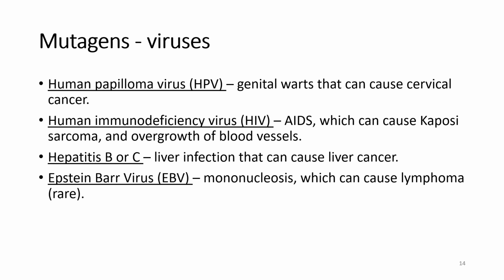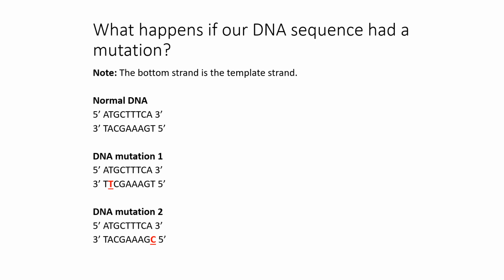But our main concern with the upcoming quiz is on the types of mutations and the consequences they can have for protein assembly. All right. So let's look at this example to conclude the lesson. Here we have as our reference point normal DNA.